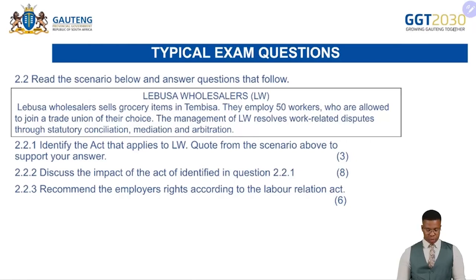Then we have 2.2.2, discuss the impact of the act identified in question 2.2.1. Now, this is what we call a follow-on question, because if you have identified the wrong act in 2.2.1, it means basically you're going to give the incorrect impact as well, because you're going to give positives and negatives of an incorrect act, because the question now says discuss the impact of the act identified in question 2.2.1.